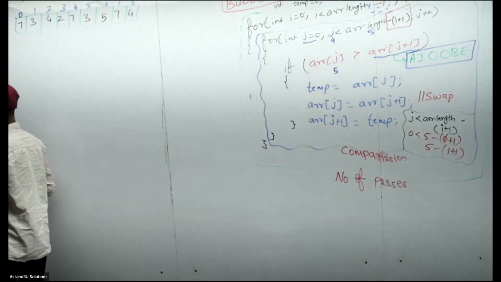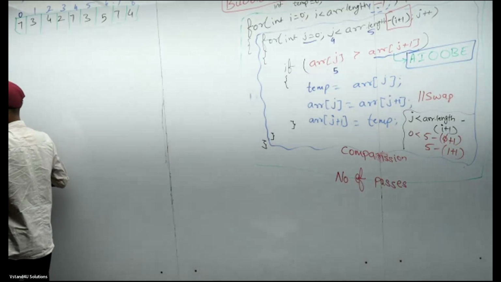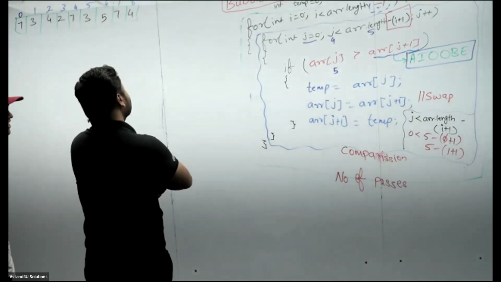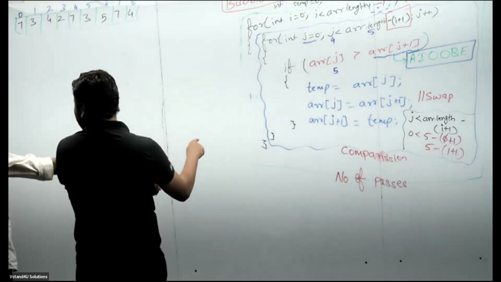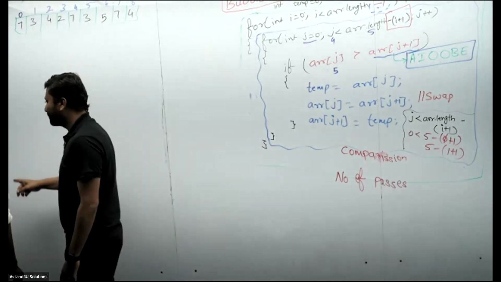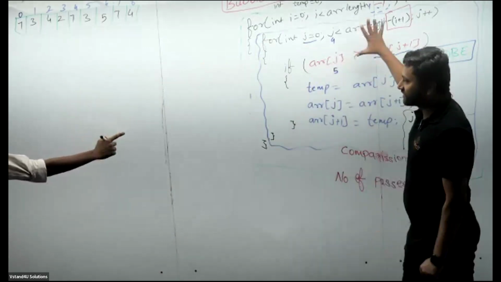Okay, your logic is different. Fine. I mean, so many logics I'm looking at. Start, buddy. Okay, this much is there or not there? This is as it is there. Remove that bubble sort, wipe it and start fast. The funda is this logic is as it is.